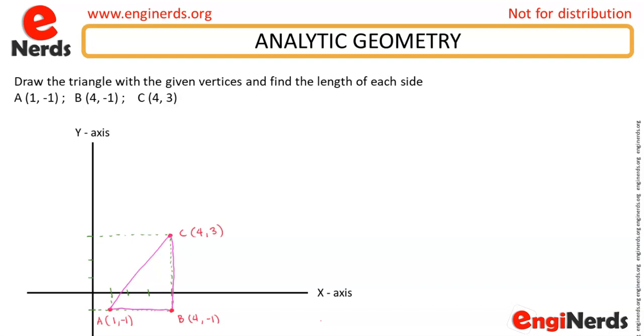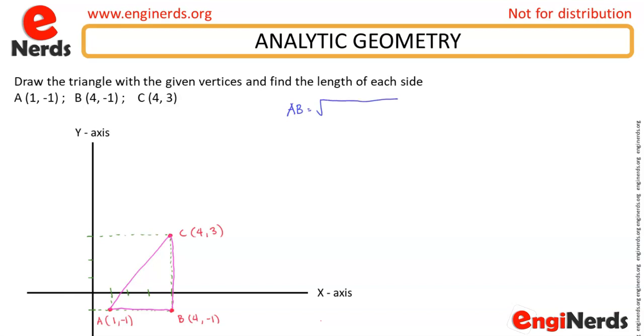So, we're now going to get the length of each side ng triangle natin. So, we know the points ng vertices natin at may coordinate siya. So, mami-measure natin yung length niyan by using distance formula. So, first, i-measure natin yung distance from A to B. Okay? So, AB is equal to the square root of, okay?